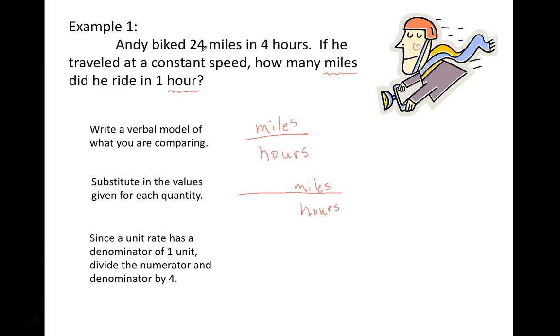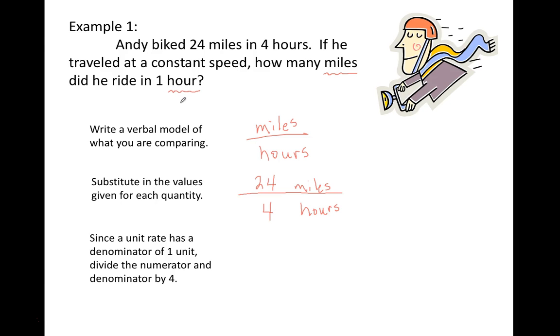It says Andy biked 24 miles in 4 hours. So I can simply write that as 24 miles in 4 hours. But that's not what the question asks. The question asks, how many miles did he ride in 1 hour? So if he was to only ride his bike for 1 hour, what's the distance that he would have traveled?